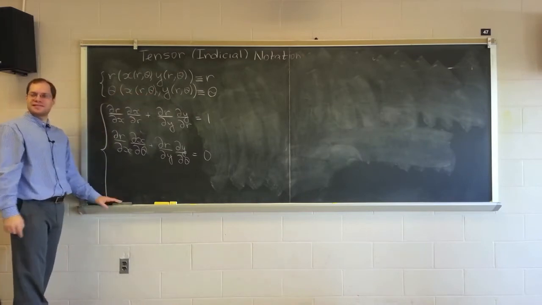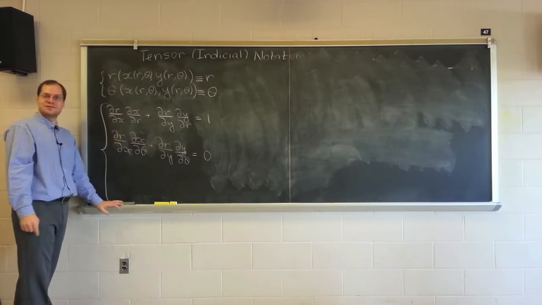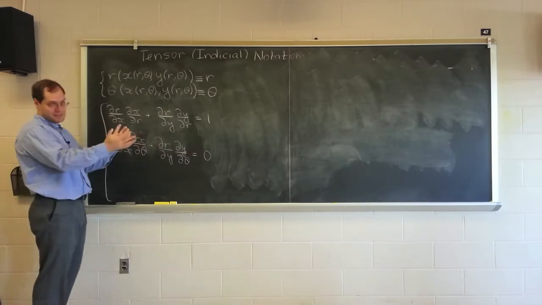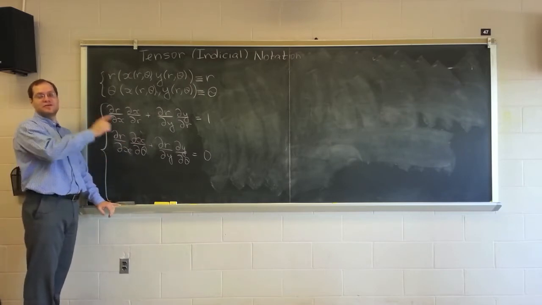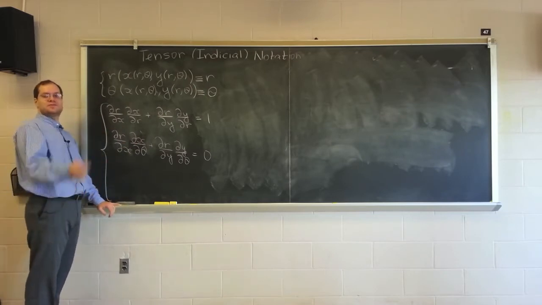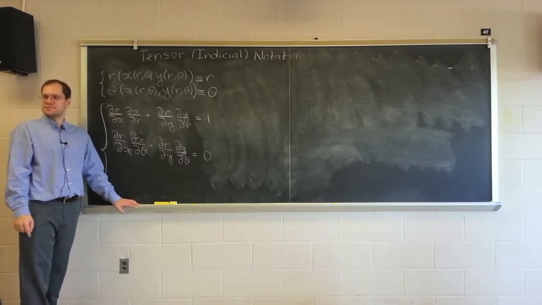So we have 4 identities in total, and we can arrange them into 2 by 2 tables, which exactly represent matrices, which exactly represents the fact that the Jacobian of the forward transformation times the Jacobian of the reverse transformation equals the identity matrix.